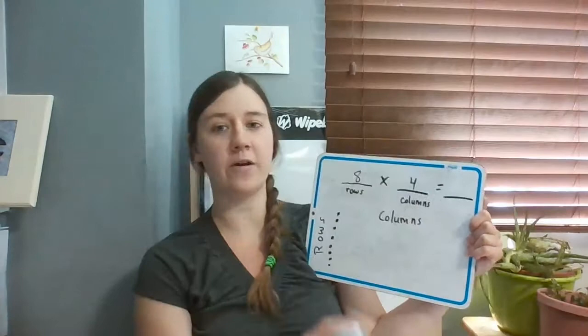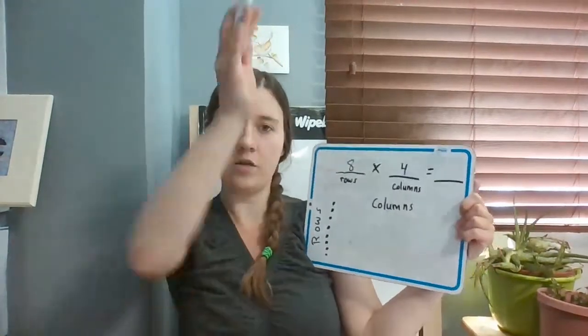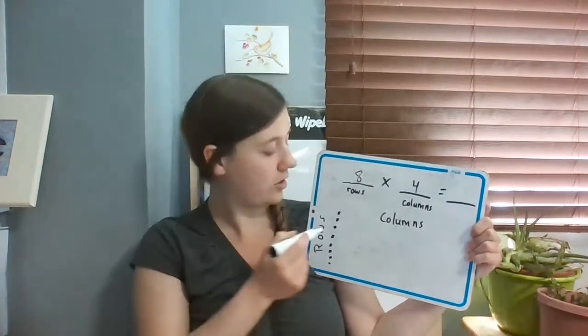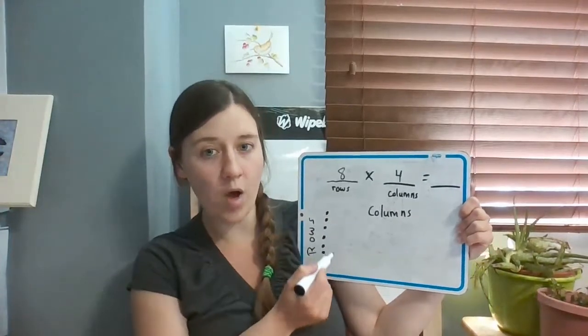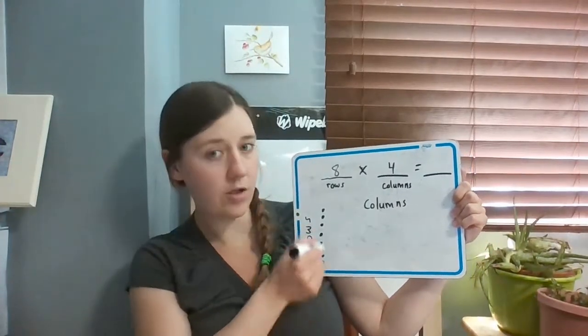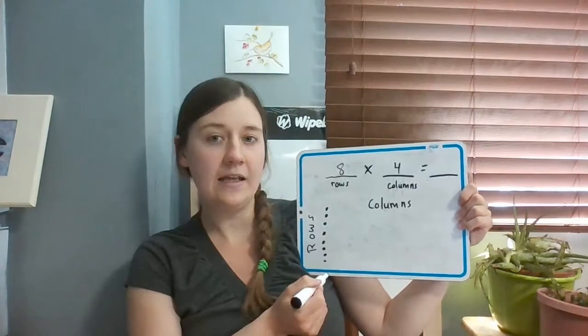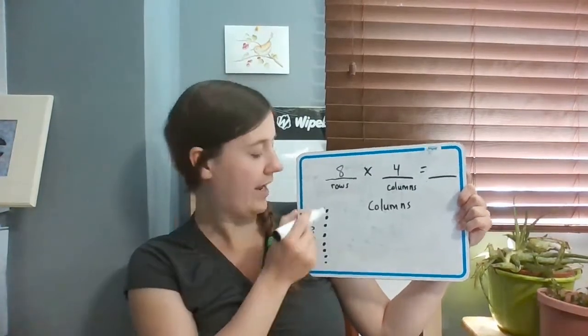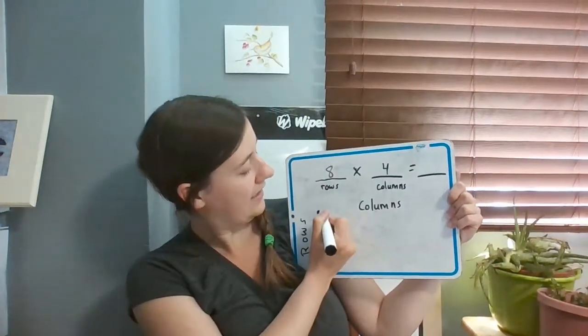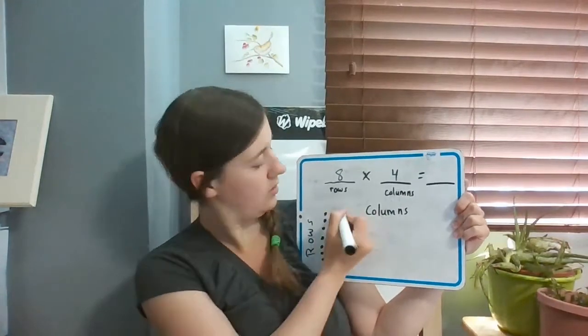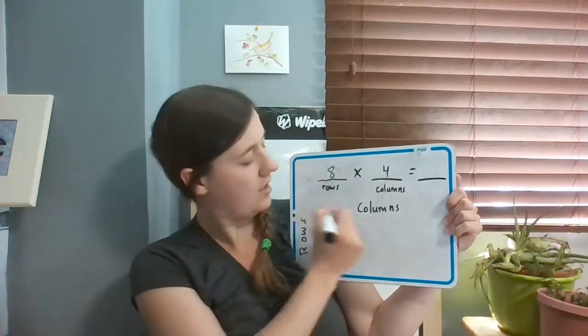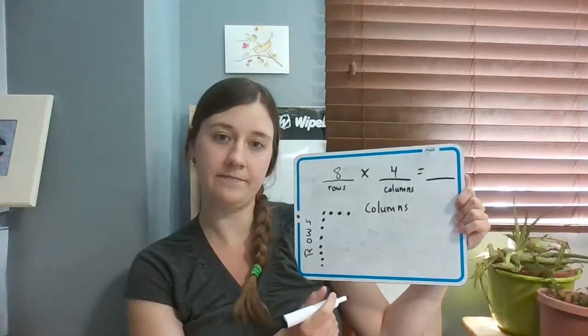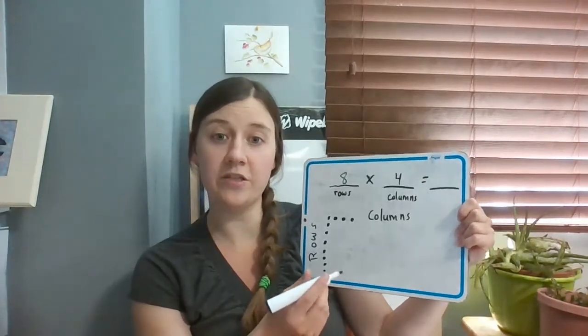Now we need 4 columns. Columns go up and down. So look, I already have 1 column, 1 whole column here. I need 4 columns. So I have 1 column, I need 2 columns, 3 columns, and 4 columns. Now I just need to put the dots in.